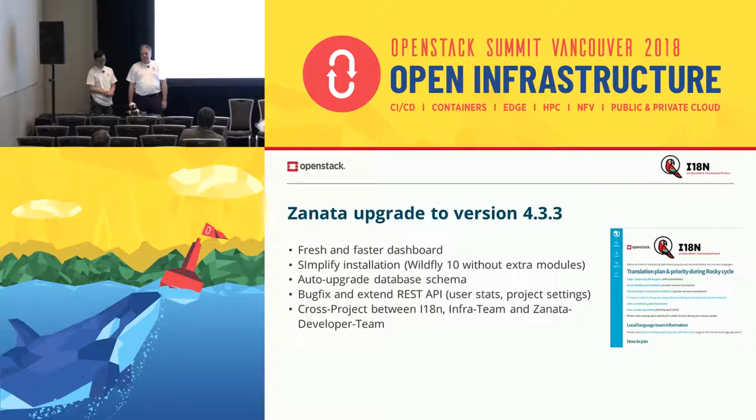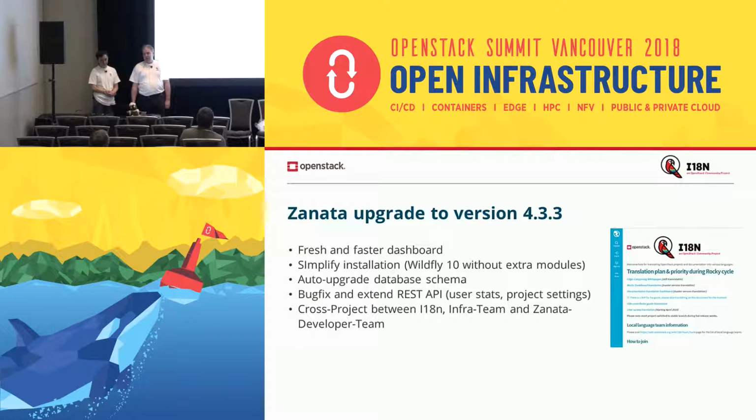Next milestone, the Zanata upgrade from release 3 to release 4, exactly version 4.3, is now running. Release 4 has a fresh and faster dashboard and a simplified installation. Before that, you had to install WildFly, a Java application server with lots of plugins and extra modules.